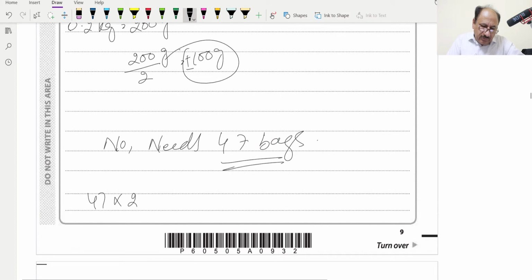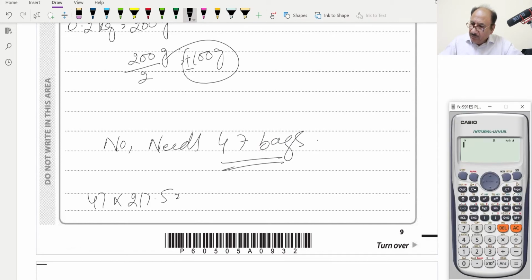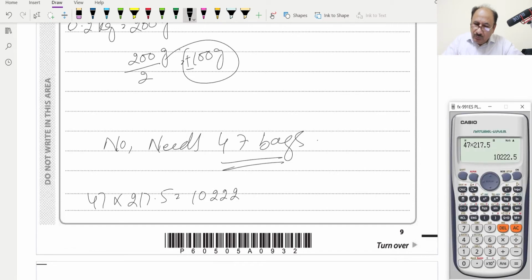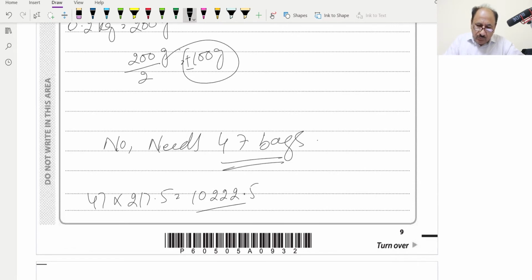This will give us 10,222.5. That will be sufficient. So this will require 47 bags. This will be our final answer. Hopefully you understood this.